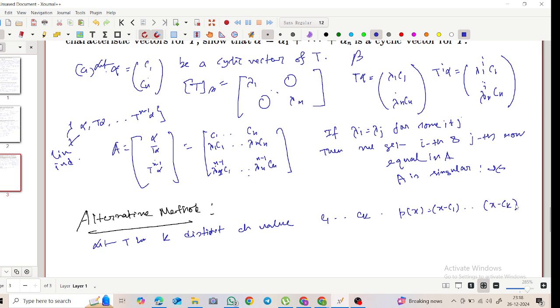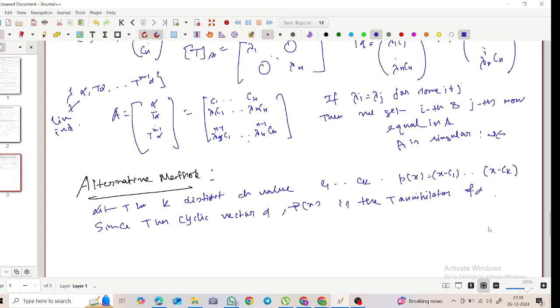But if T has a cyclic vector alpha, px is the T annihilator of alpha, and the dimension of Z(alpha; T), since this is V, the dimension of V has to be equal to what?